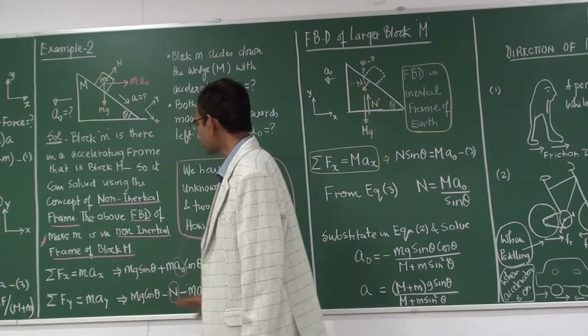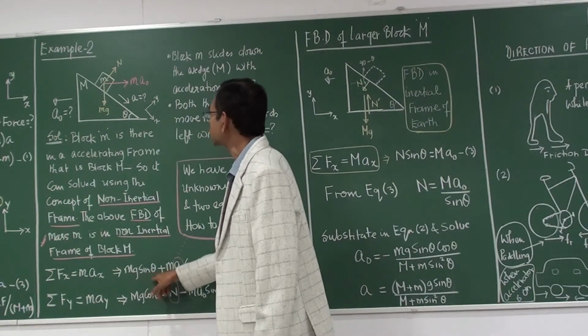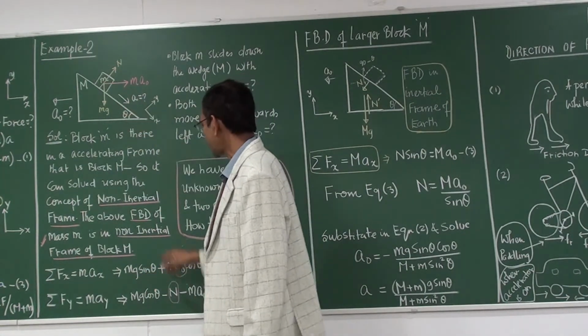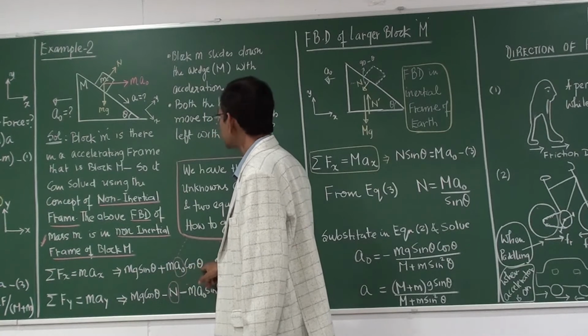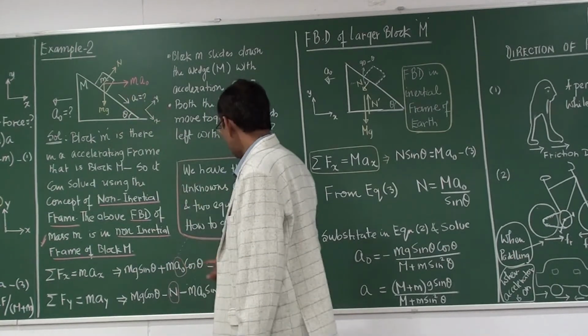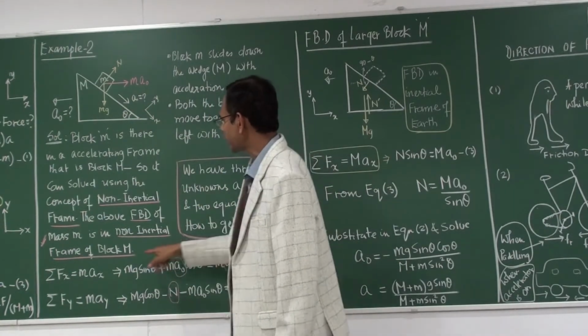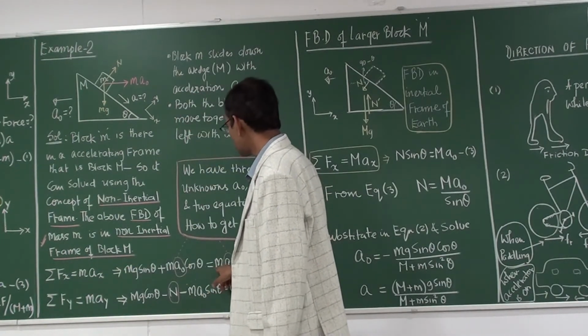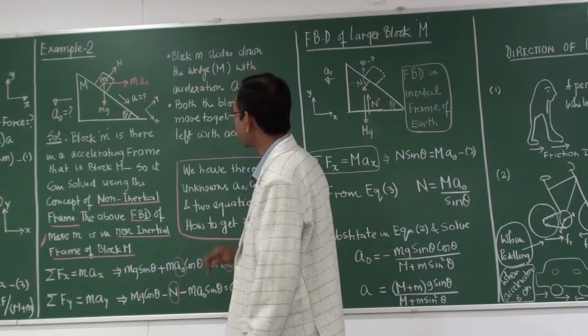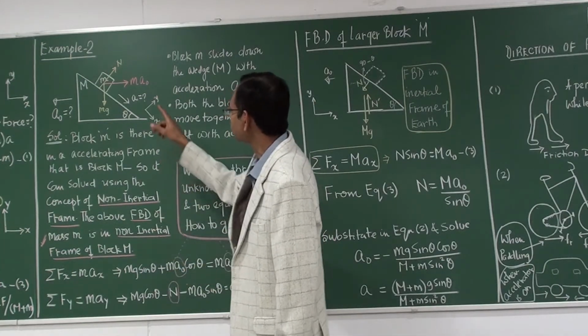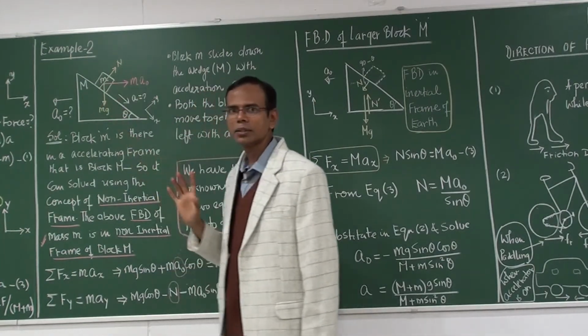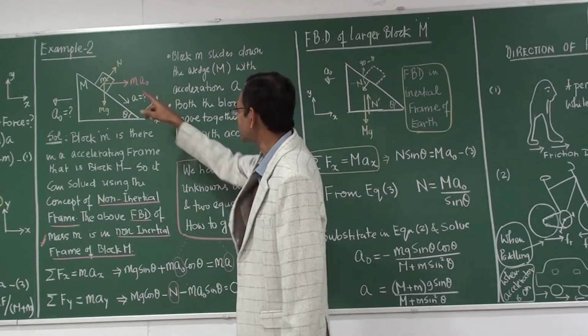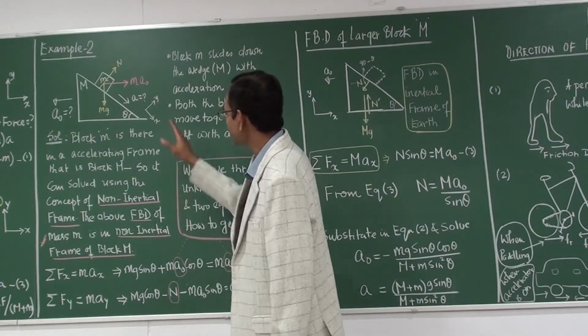So you resolve these forces: mg sin theta along the x direction plus m a0 cos theta is equal to m a. This is small m, all small m. Then sigma Fy in the y direction, there is no acceleration with respect to this frame.